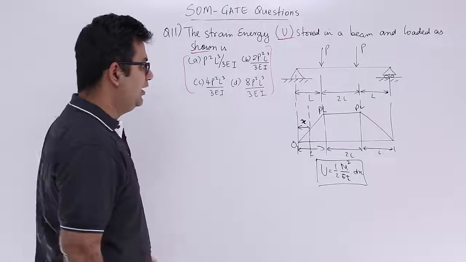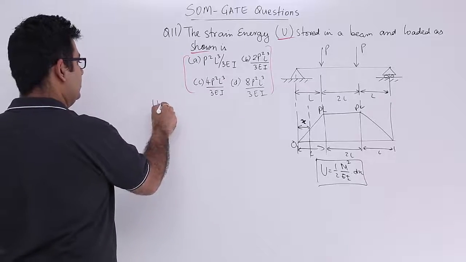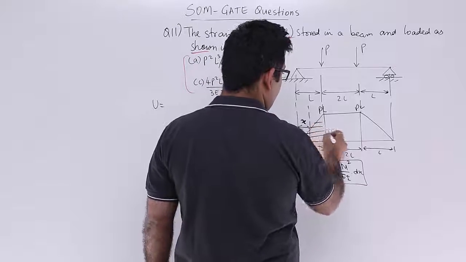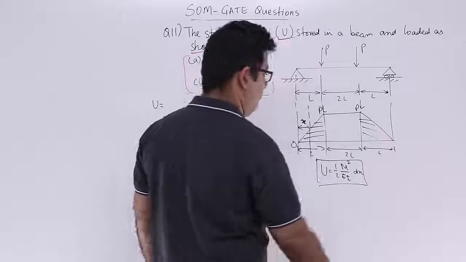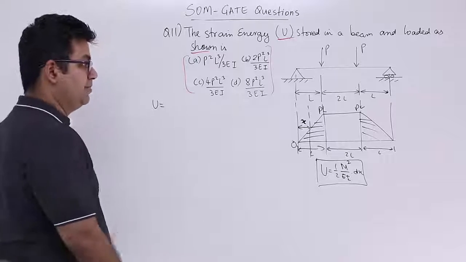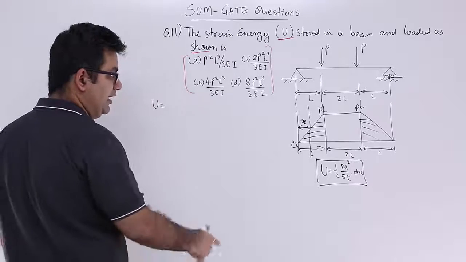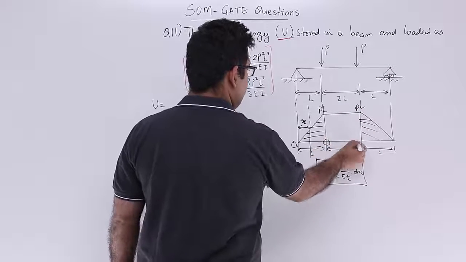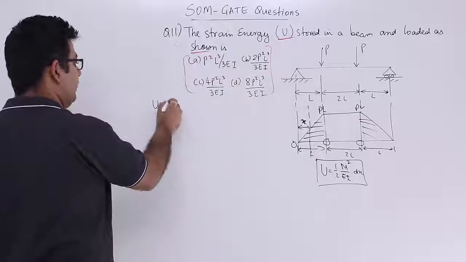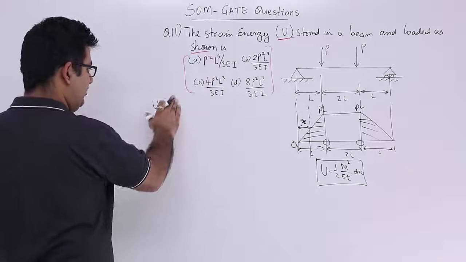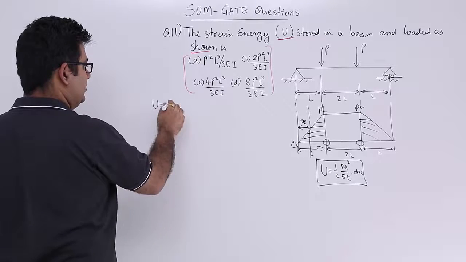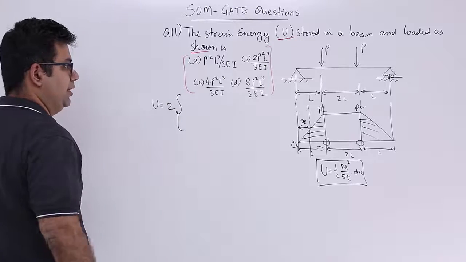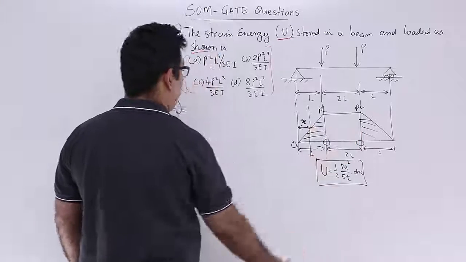So we'll make use of that equation, U is equal to, and we'll use it twice, once for each end section, because it's symmetrical loading, and then once more for the middle section.